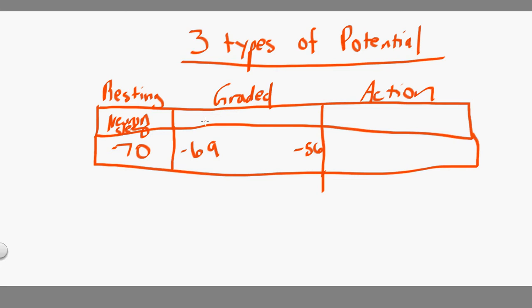And this graded potential is when the sodium and the potassium is changing, and this happens in the dendrites and the soma only. So graded potentials only happen in the dendrites and the soma. Now the action potentials happen on the axons, only on the axons.